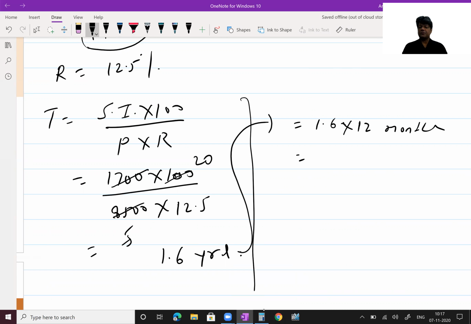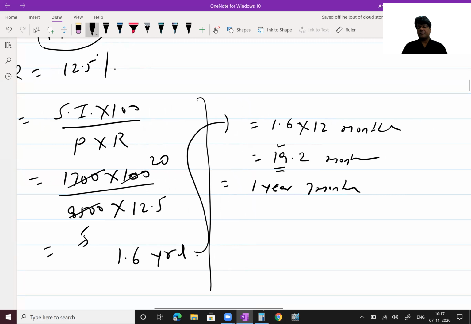And that is how much? 12 6s are 72, 12 1s are 12, 7 carry, 7 1s are 19. 19.2 months. Guys, 19.2 months means 19 months and 0.2 month. But 19 months means what? 1 year, 7 months. So 1 year, 7 months, and this 1 year 7 months is for what?